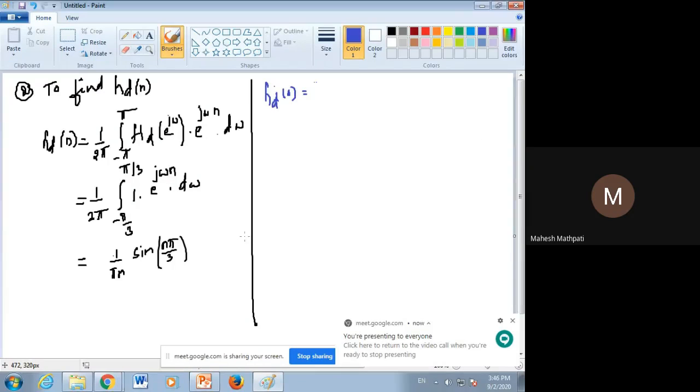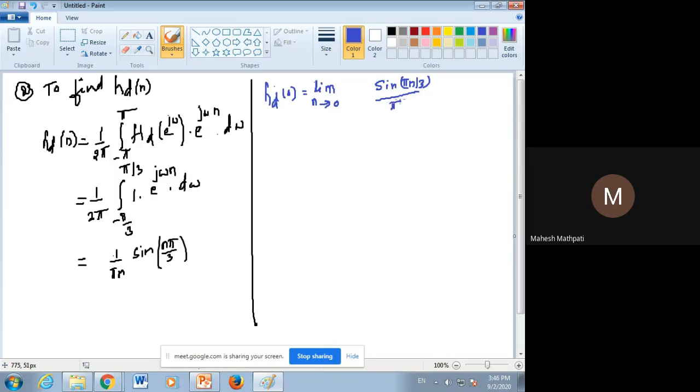HD of 0 equals limit n tends to 0 of sin pi n by 3 divided by pi n. Right. So to make the value like sin theta by theta, the value of both thetas must be the same. So here it is not equal.